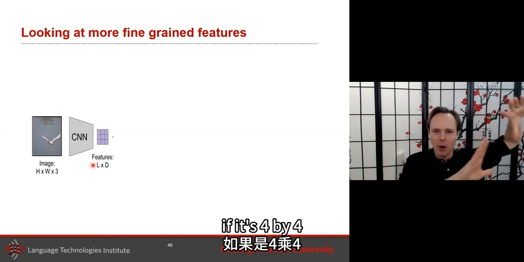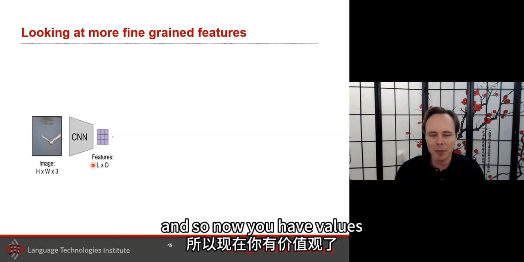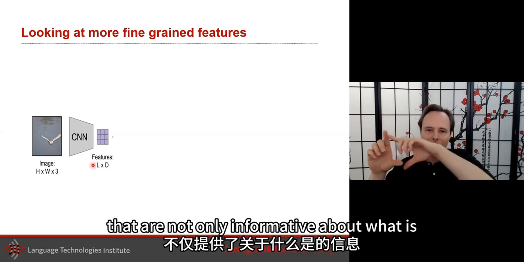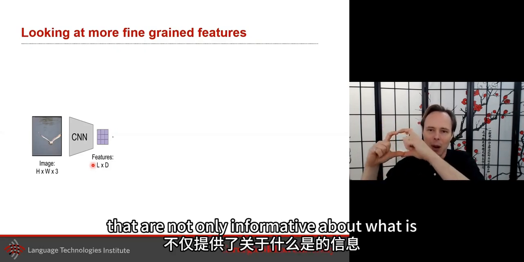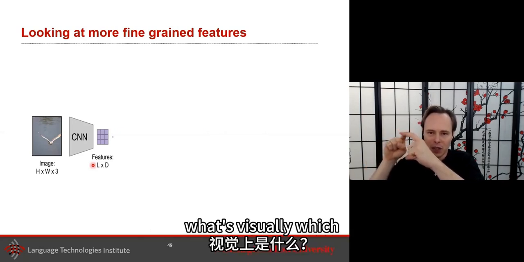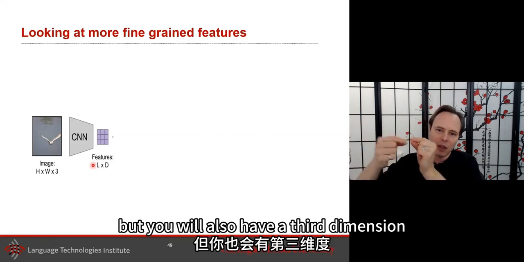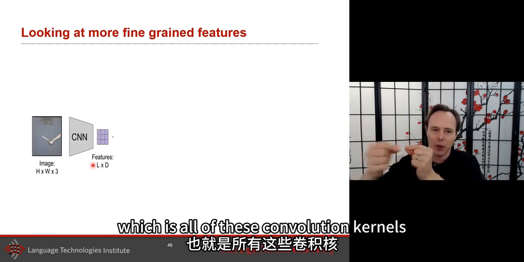If it's 4 by 4, then one cell will be closer to the top left corner. And so now you have values that are informative about what is visually in there, and you will also have a third dimension, which is all of these convolution kernels.